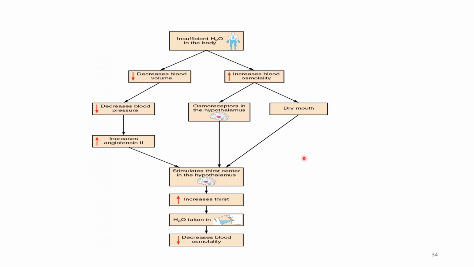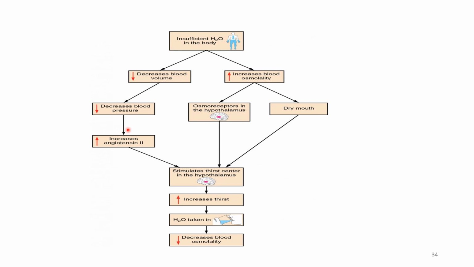Here you can see, if the water is insufficient in the body, then there will be a decrease in the blood volume and an increase in the blood osmolality. So there will be dry mouth, and there will be stimulation of the osmoreceptors in the hypothalamus. There will also be a decrease in the blood pressure because of the decrease in the blood volume.